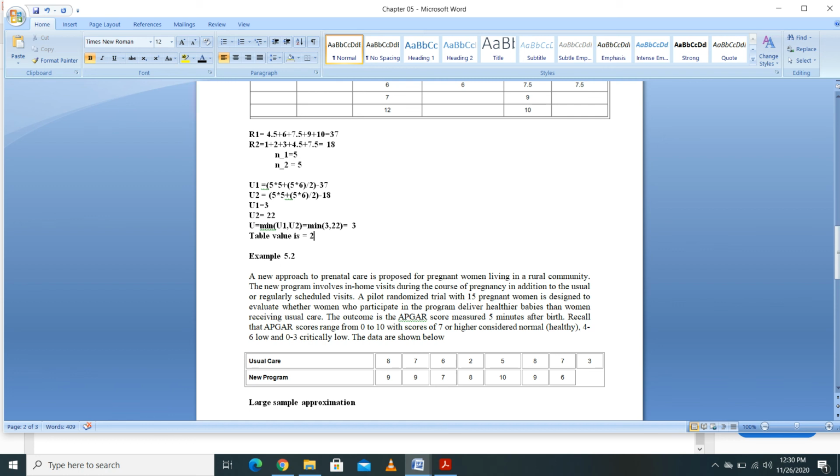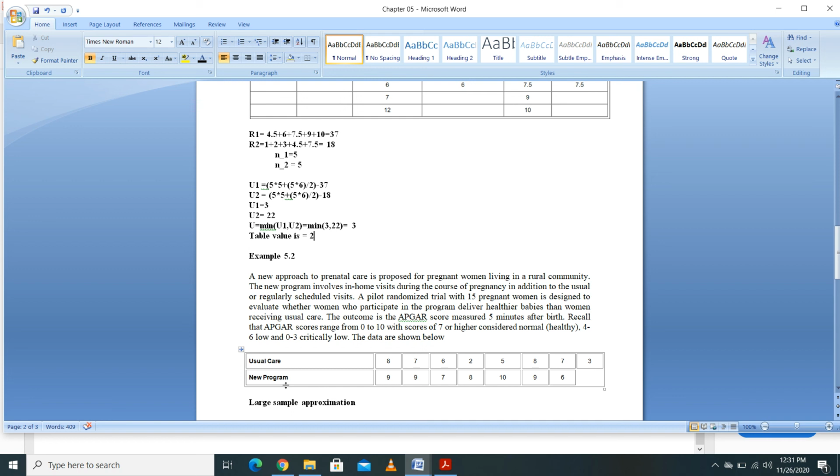I'll just pause my video for a few seconds, because you can see the second example here which I have given. The same method that you have to use. You have two independent samples, and in order to test whether these two independent samples are coming from the same population, you can conduct the test as I explained.